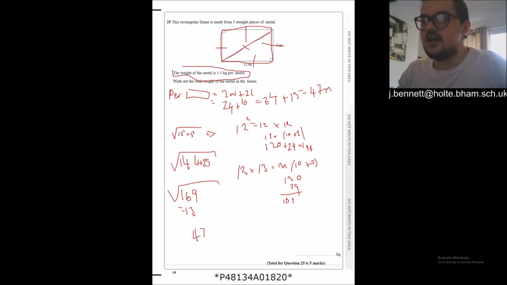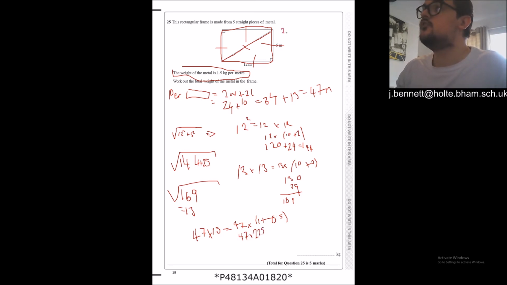So we do 47 multiplied by 1.5, which equals 47 times 1 plus 0.5. So we're going to add 47, and then we're going to halve 47. 47 times 1 is 47. 47 halved is going to be 23.5.